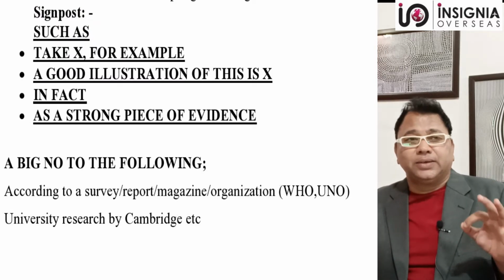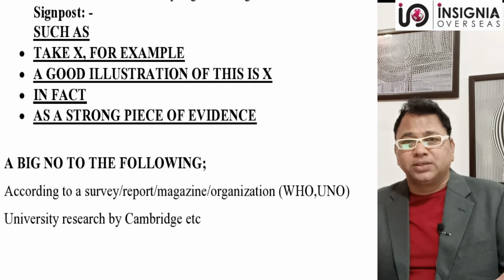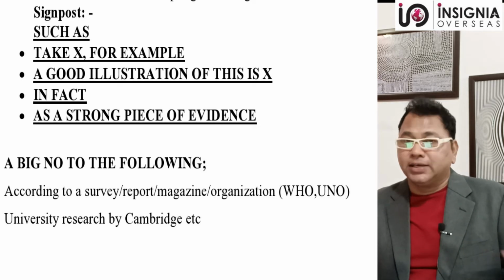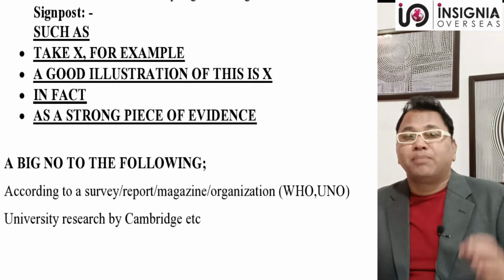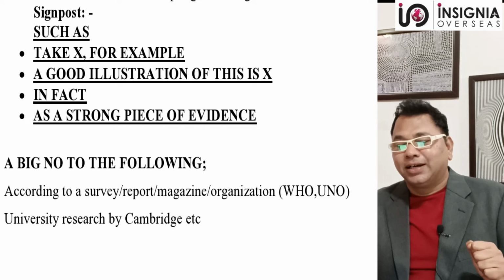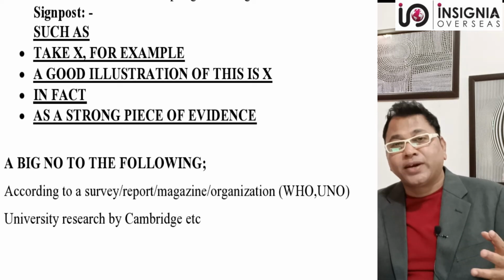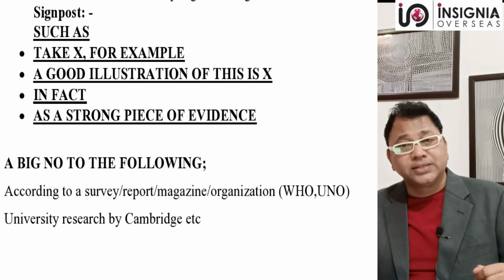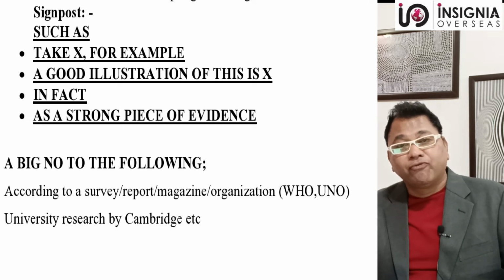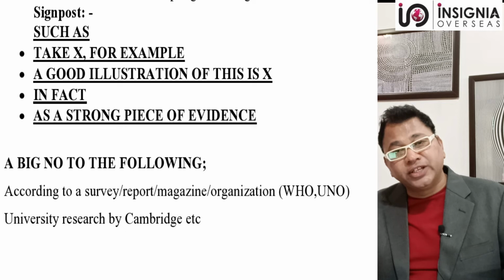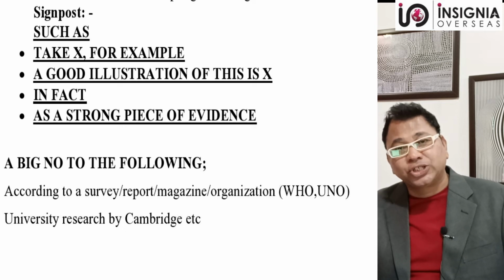The best way to give the signpost is simply saying, for example, for instance. But let's look at some of the innovative ways to say this. The first one is such as. Another one is take dash for an example. Another one is a good illustration of this can be dash.